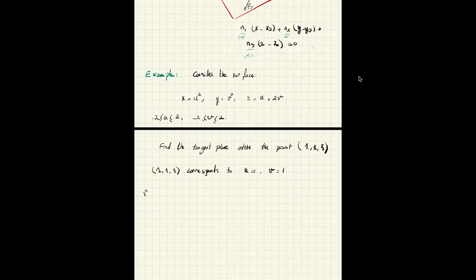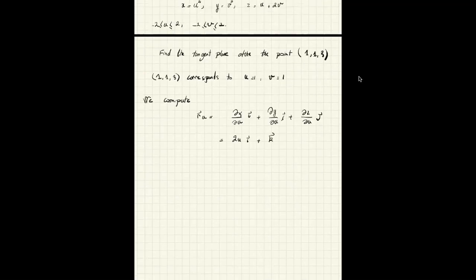So we compute r_u, it's ∂x/∂u, ∂y/∂u, ∂z/∂u. If you do this, it'll give you 2u i plus k.